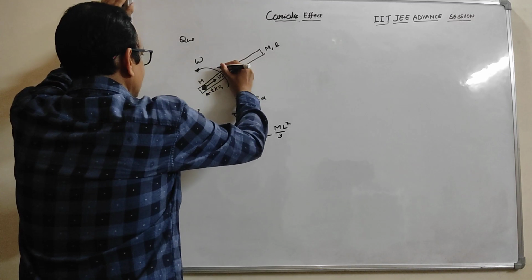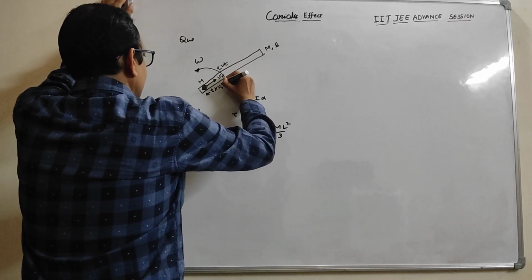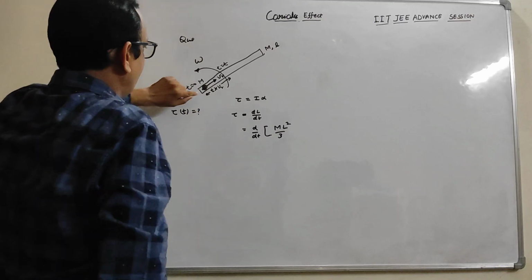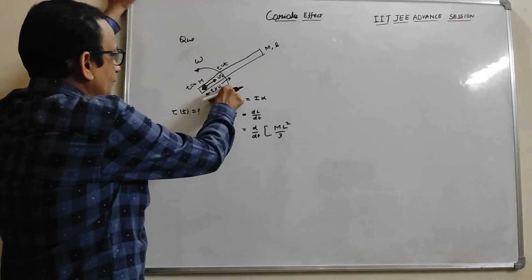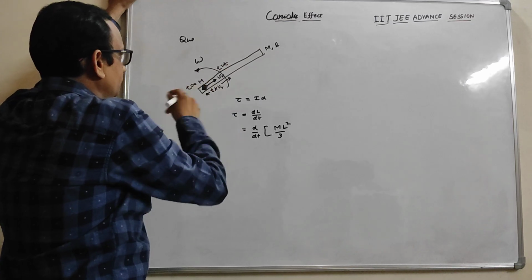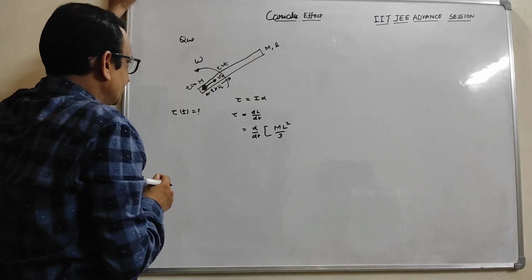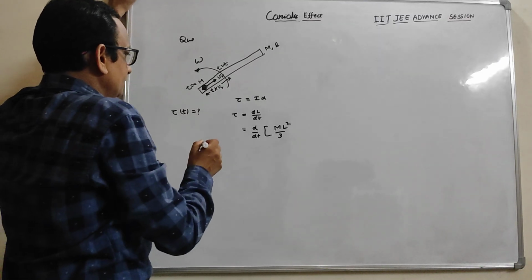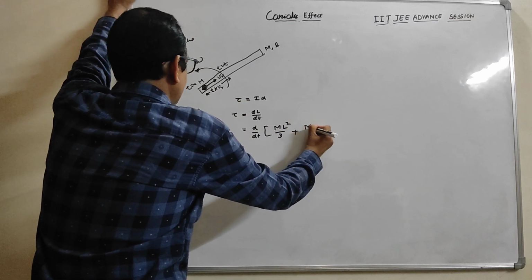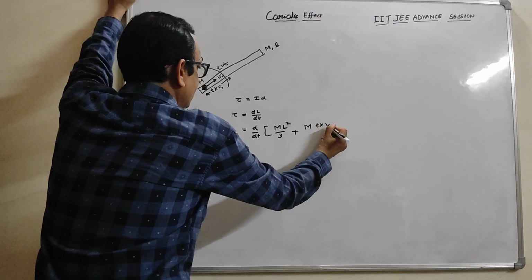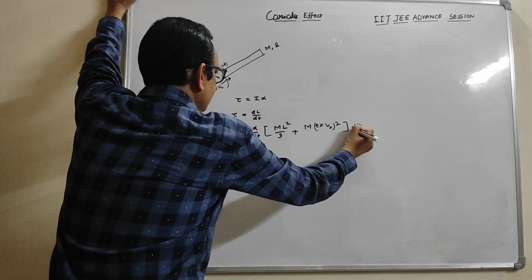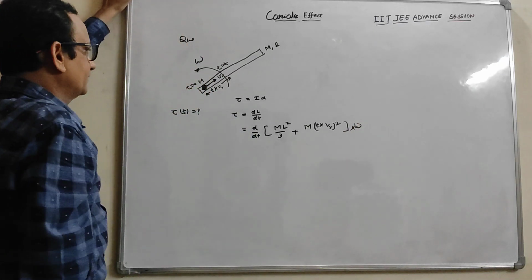This is the distance at time t, and at time t equal to 0 the insect's distance is also 0. So here we can write the angular momentum as (ml square by 3 plus m into (t vr) square) into omega. Omega is the angular velocity.